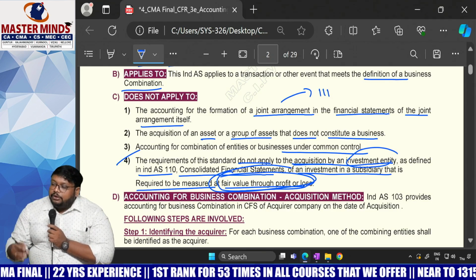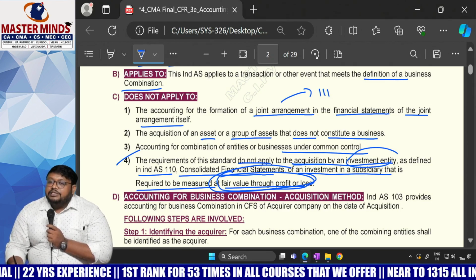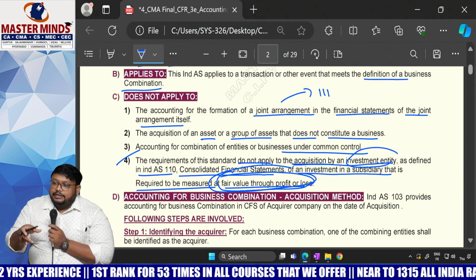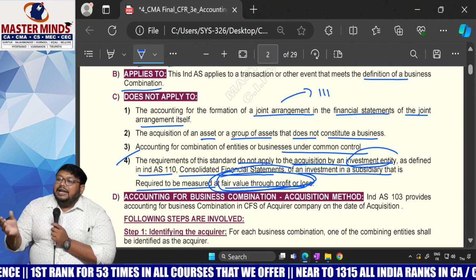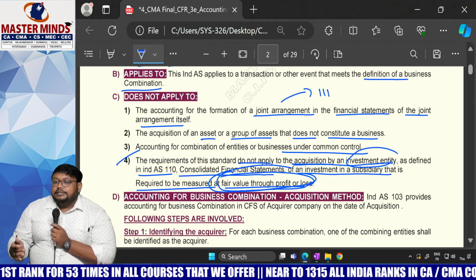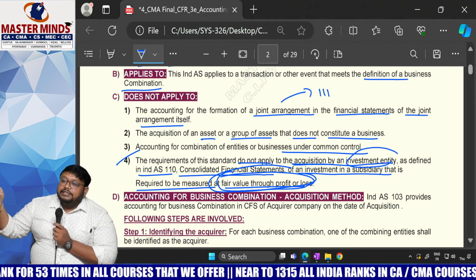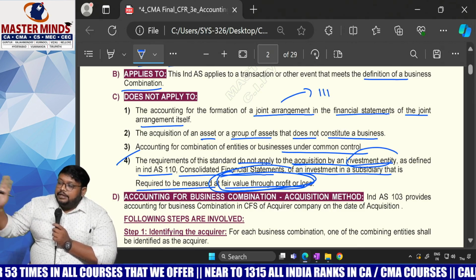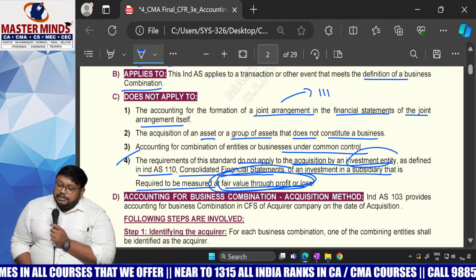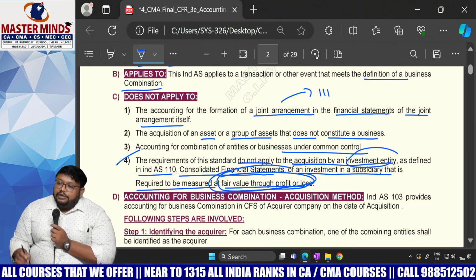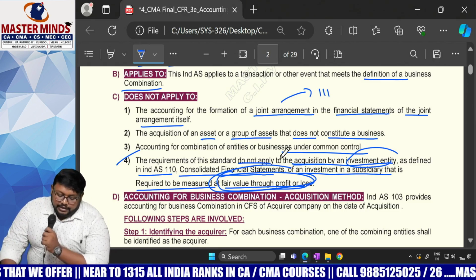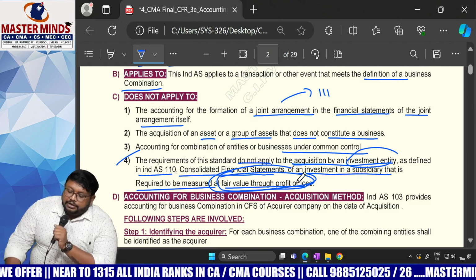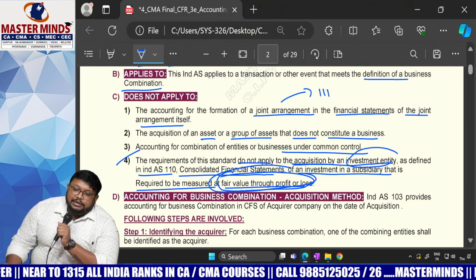But the investment entity's intention is not to hold it for dividend or to attain control. Their intention is that in future, if the price of that subsidiary increases, immediately they will sell. So Ind AS 103 will not apply for such investment entities that require to be measured through profit and loss. This point you can understand in 109 only.